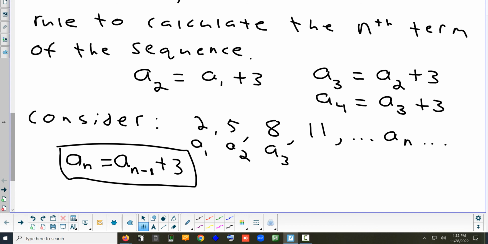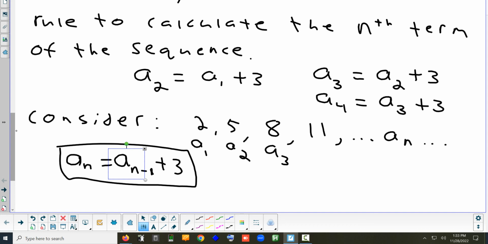But does anybody see an issue with a formula like this? It depends on the one before it, and then all you have to do is add 3. Adding 3, that's easy. But any issue with that formula? Sam? Might not give you the one before it. Right, what if you don't know the one before it? Like what if I said to you, find the 897th term?